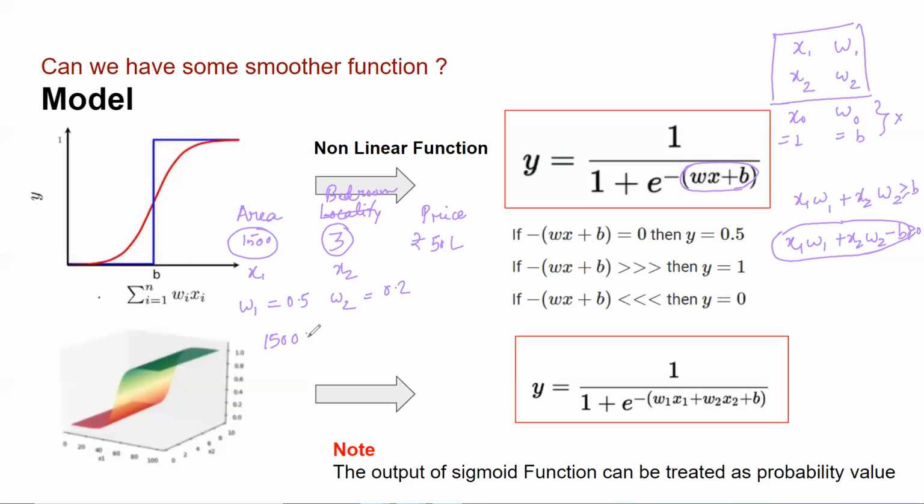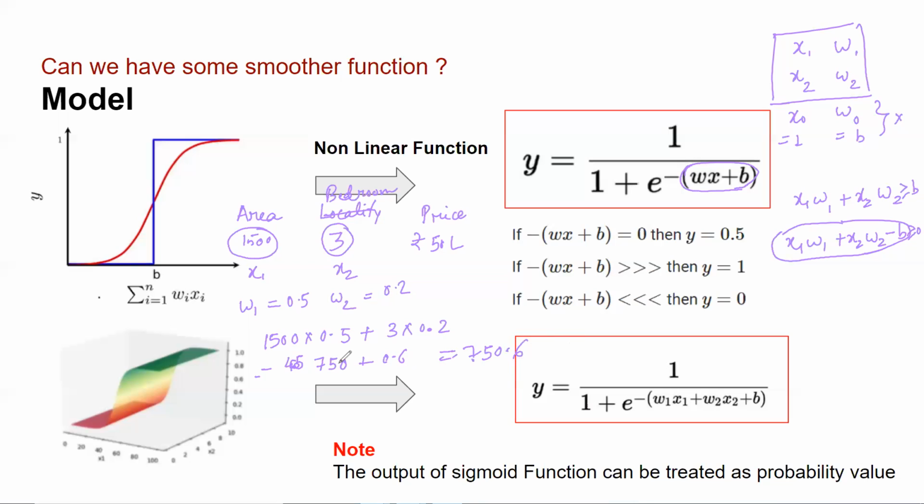1500 multiplied by 0.5, plus 3 multiplied by 0.2. What will be the answer? 750 plus 0.6, that is 750.6.